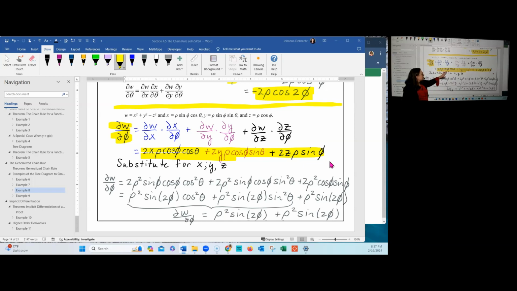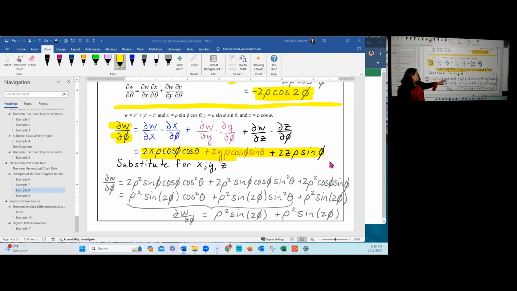However, we could have factored out, for example, the rho cosine phi from the first two terms. I chose not to do that, and instead I simply substituted for x, y, and z. After performing the arithmetic and working out the algebra, I found that the first two terms ended up giving me another Pythagorean identity with cosine squared of theta plus sine squared of theta equal to 1, and a common factor of rho squared sine of 2 phi.